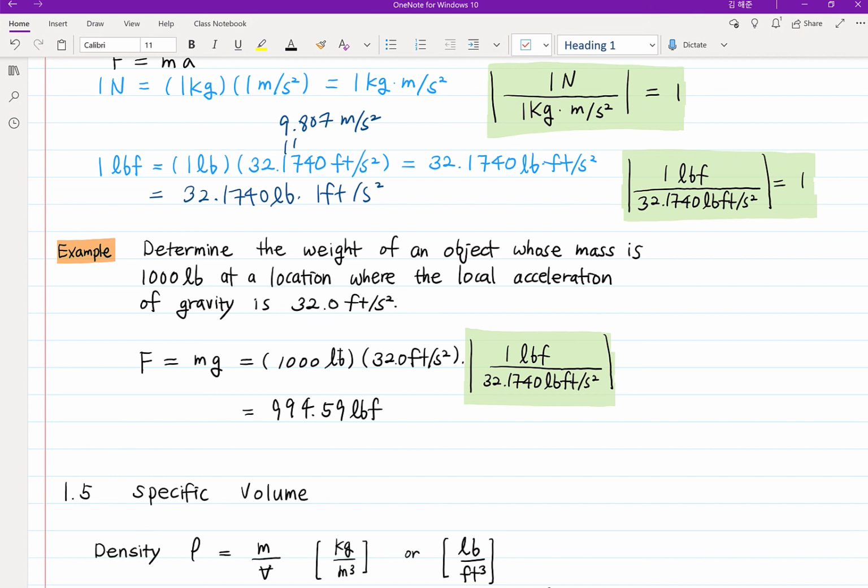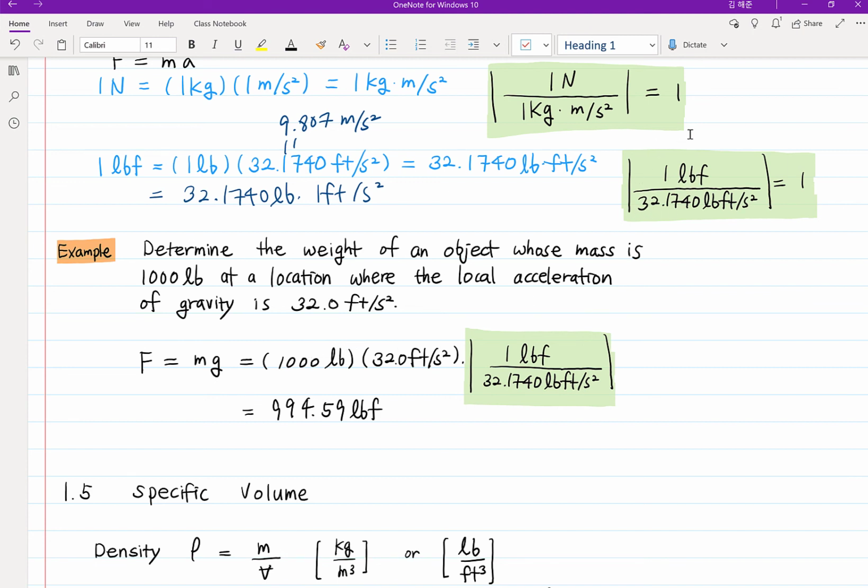But this lbm is the unit of mass. But we need to calculate weight, which is force: mass times gravitational acceleration. So we need to convert this pound mass to pound force.